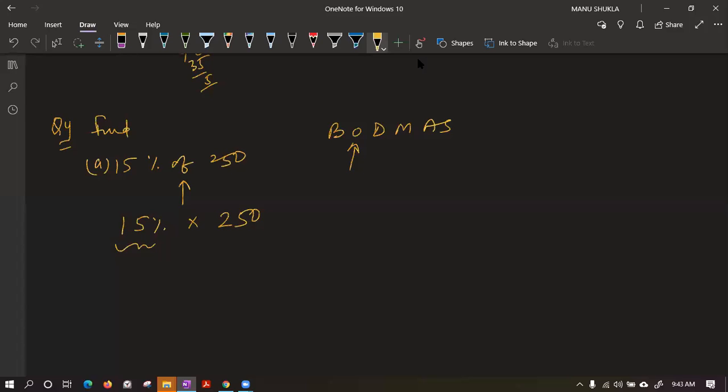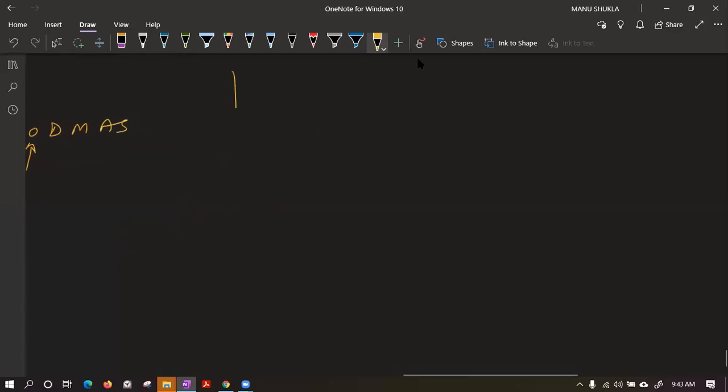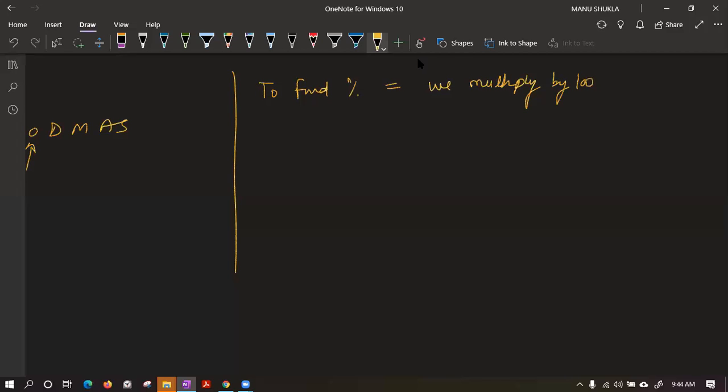So class, always remember this thing. To find percentage, we multiply by 100, and to find value, we divide the percent by 100. That's it.